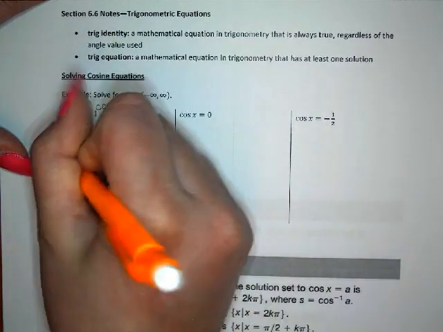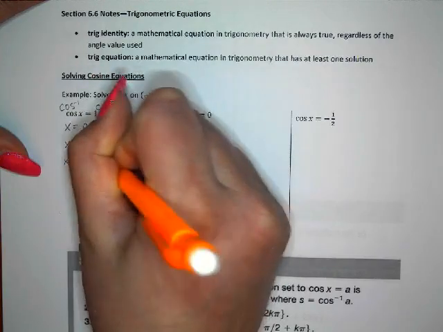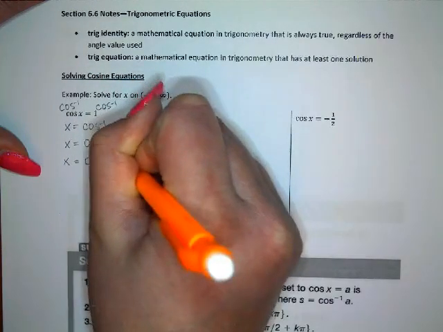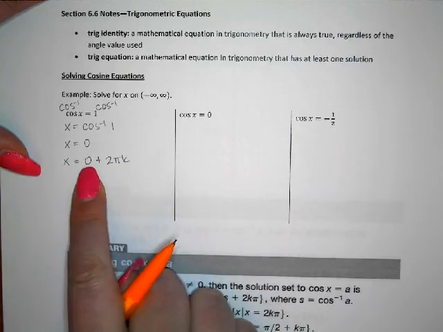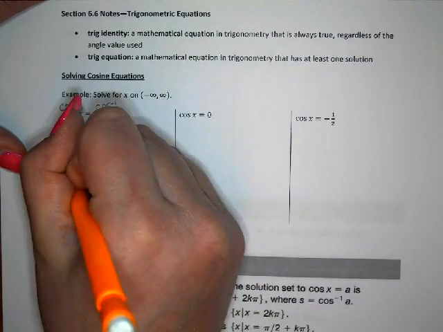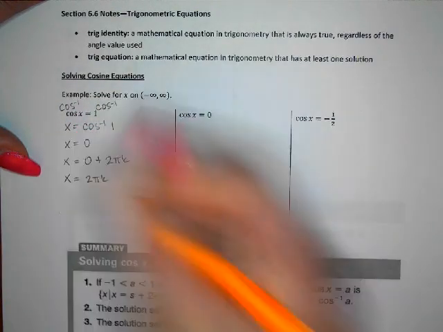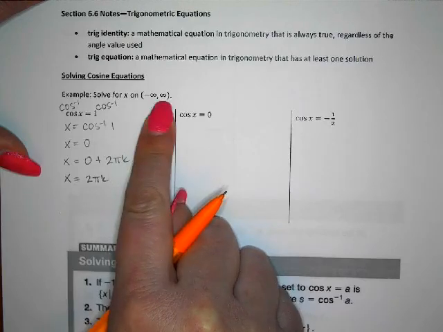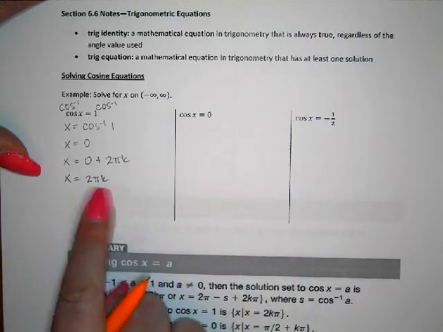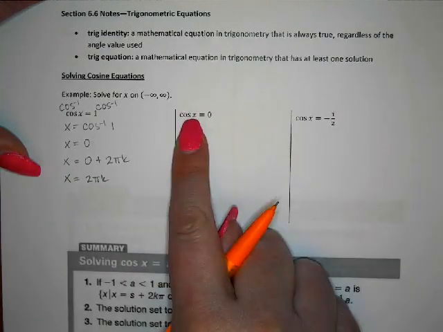So all of the solutions are 0 plus 2 pi k. This gives us all those coterminal solutions. Technically, since 0 is 0, you don't really have to write it. You could just say x equals 2 pi k. This is how we write all the solutions on negative infinity to infinity, by writing all of the coterminal solutions as well. Okay, let's try the next problem.